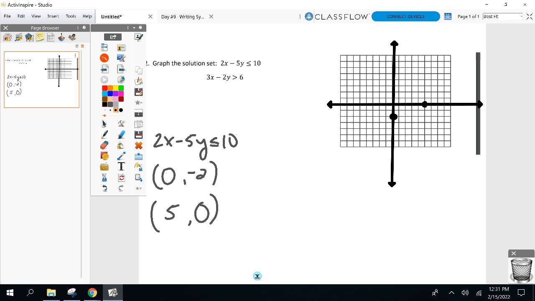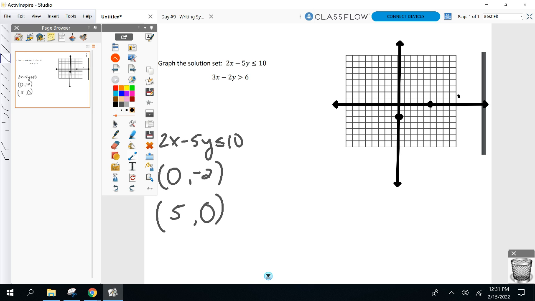That is where you take your straight edge, line them up, and draw it through. That's how you get that line. The only vertical and horizontal lines should be x by itself or y by itself. When the 2 are together, it should be a diagonal line. What type of line should I draw here? It depends on the sign. If I have less than or equal to, it should be a solid line going through those 2 points.